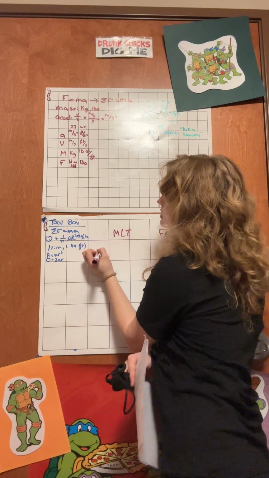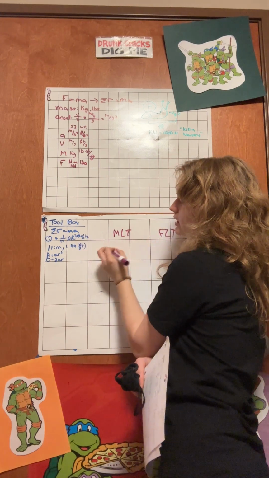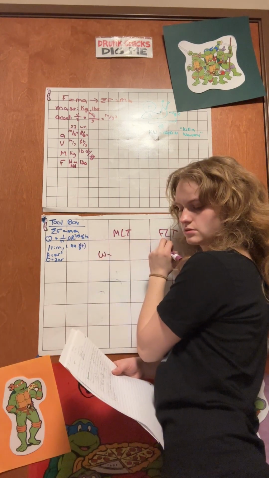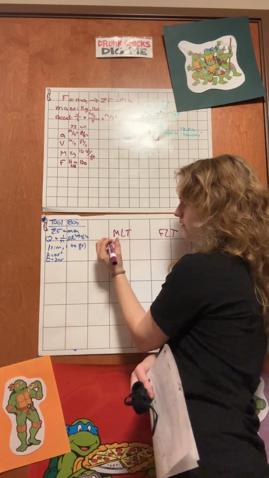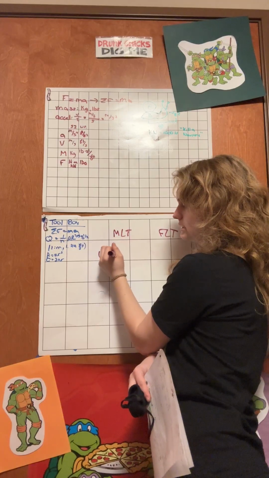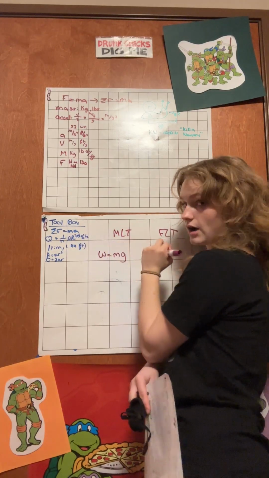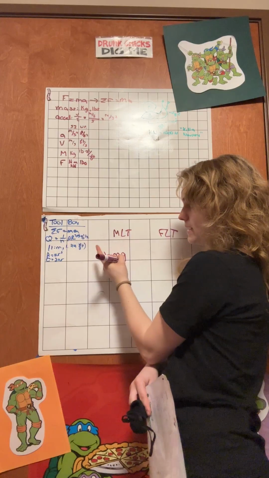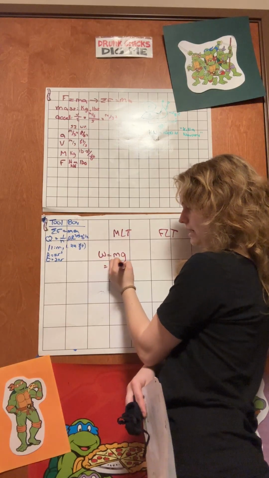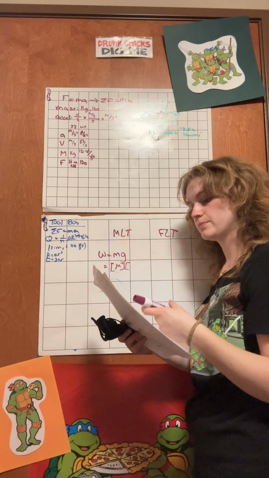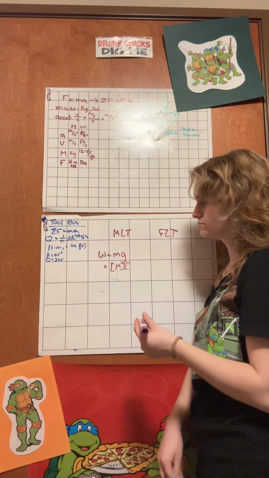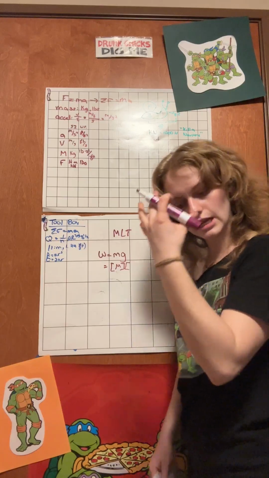Okay, wait. We found that weight, is this pounds? Wait, okay, we found that weight is equal to mass times gravity. Mass we found is mass. Gravity is meters per second squared as well. It's the acceleration at which we fall to the ground.